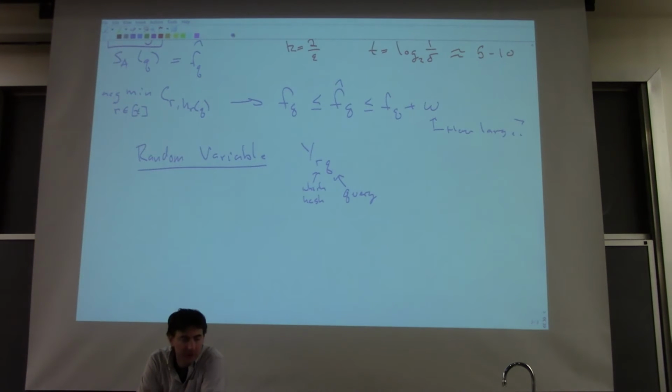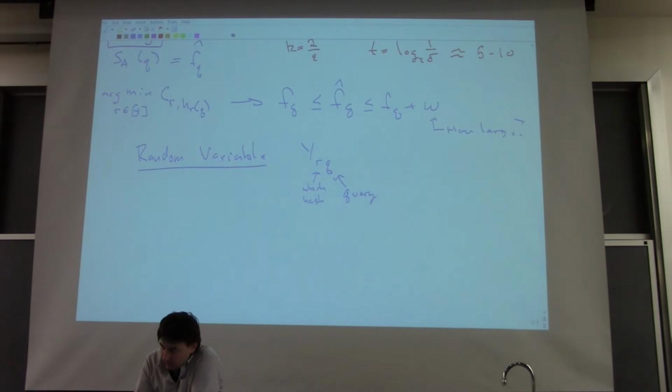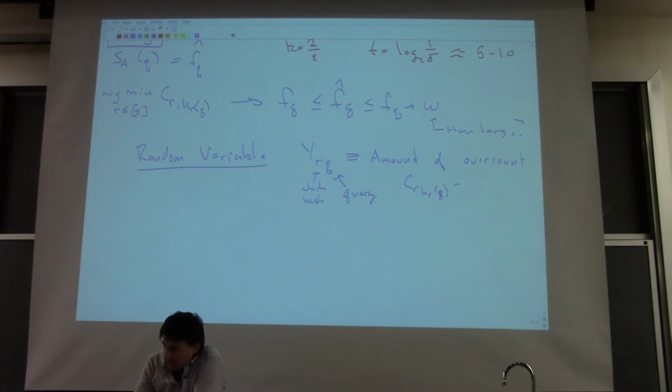This random variable is defined as the amount of the overcount. Technically, it's C_r of h_r(q) minus the true frequency of q. So how much extra stuff is going to be in this counter?